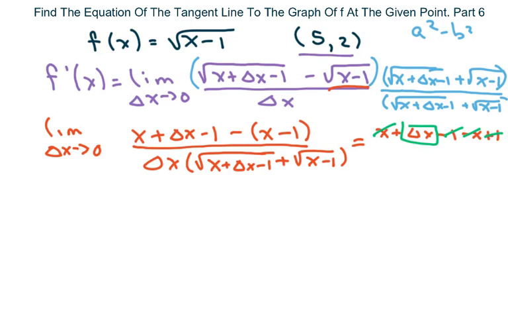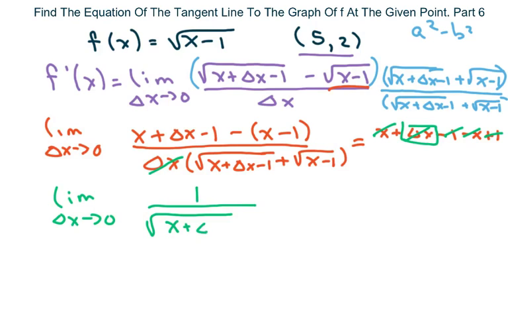So we're left with delta x in the numerator, and it's going to cancel out with the denominator. So we're left with the limit as delta x approaches 0 of 1 over the square root of x plus delta x minus 1, plus the square root of x minus 1.